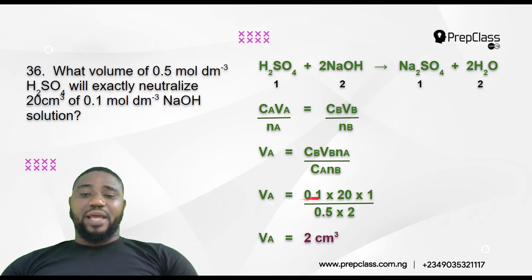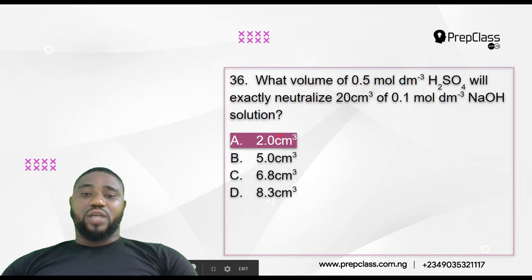So 0.1 times 20 will give me 2, times 1 is 2. And 0.5 times 2 is 1. So 2 divided by 1, and my answer is 2 cm cube. So your answer is 2.0 cm cube.